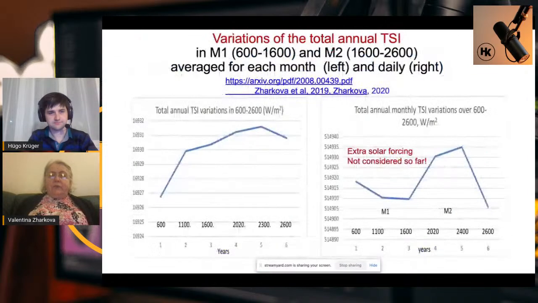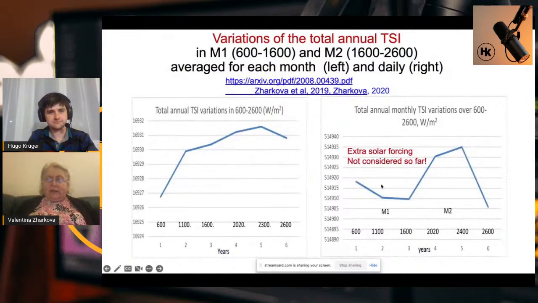So basically, what I showed here is the solar radiance coming in the previous millennium from 600 to 1600, and solar radiance coming from 1600 to 2600. You see it is increasing until 2400, maybe 2500. So we will have an increase. It doesn't matter what we do.